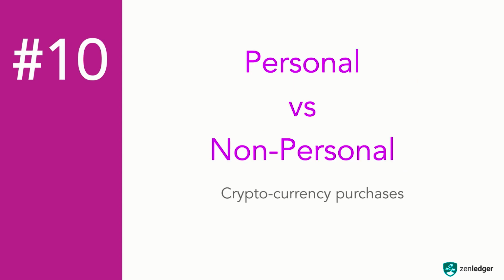The next area is that ZenLedger will come along and prompt you with a screen to pick if certain transactions where you've spent cryptocurrency were either personal uses like gifts or buying products, or they were non-personal. Non-personal means they were used for investment purposes or for a business. Getting this accurate is important because that's the only way to get your taxes completed accurately.